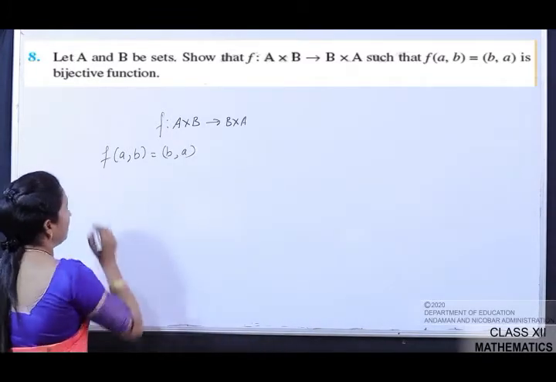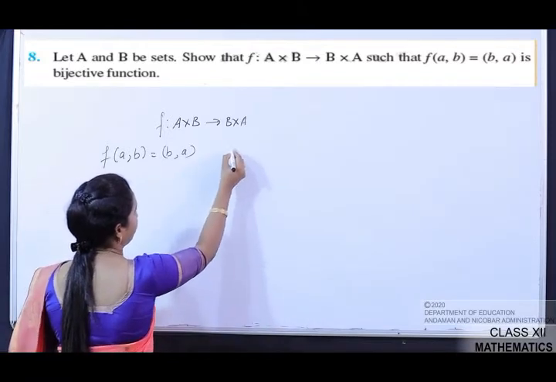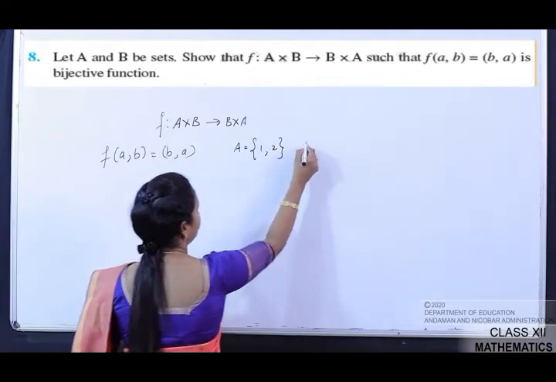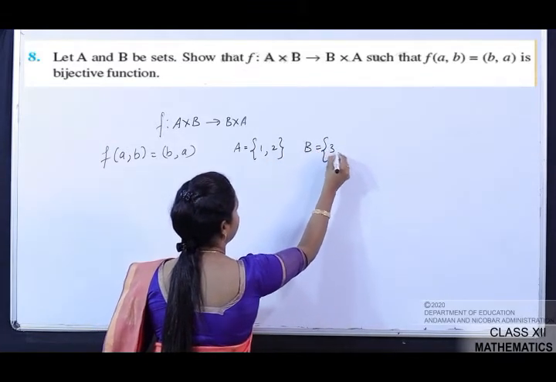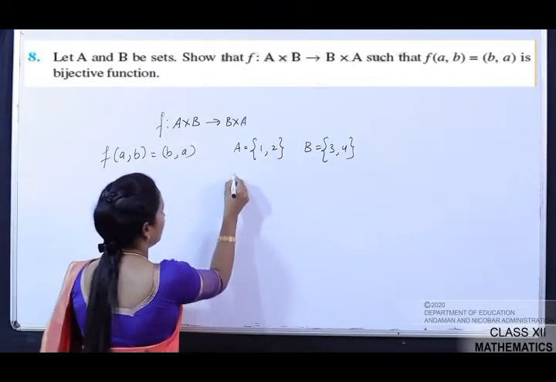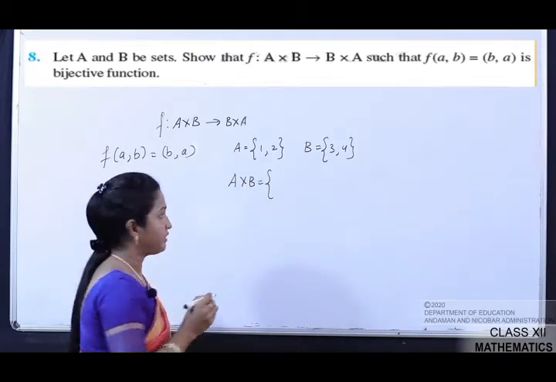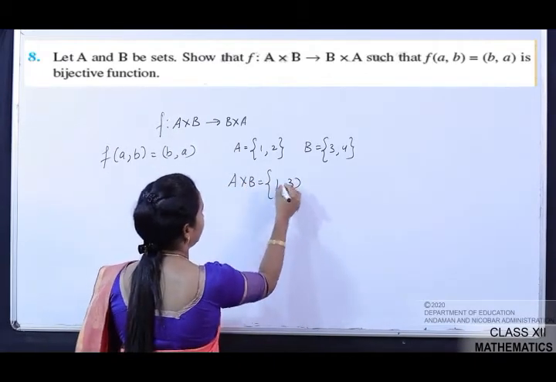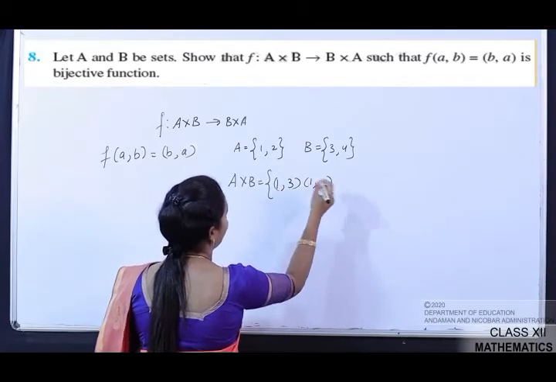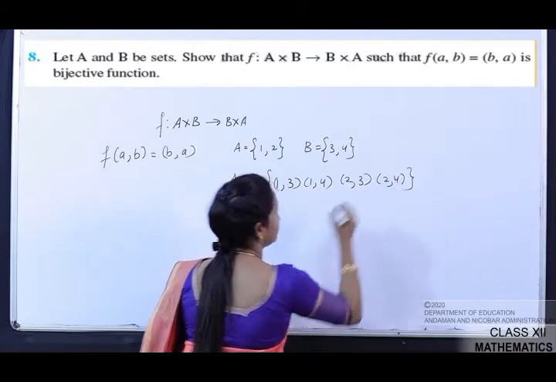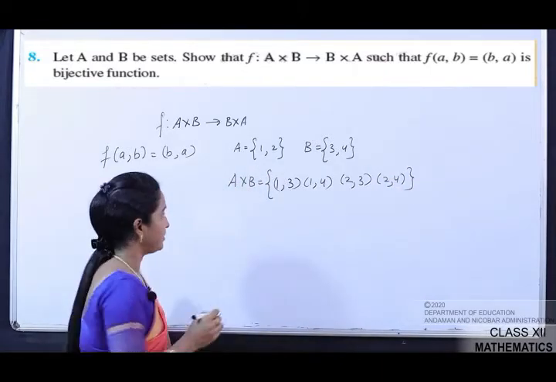So what is the meaning of this? Suppose I am taking A is equal to a set 1 2, B is equal to another set 3 4. What will be the Cartesian product? The Cartesian product will be 1 3, 1 4, 2 3, 2 4. है ना, यही होता है Cartesian product. ठीक है.